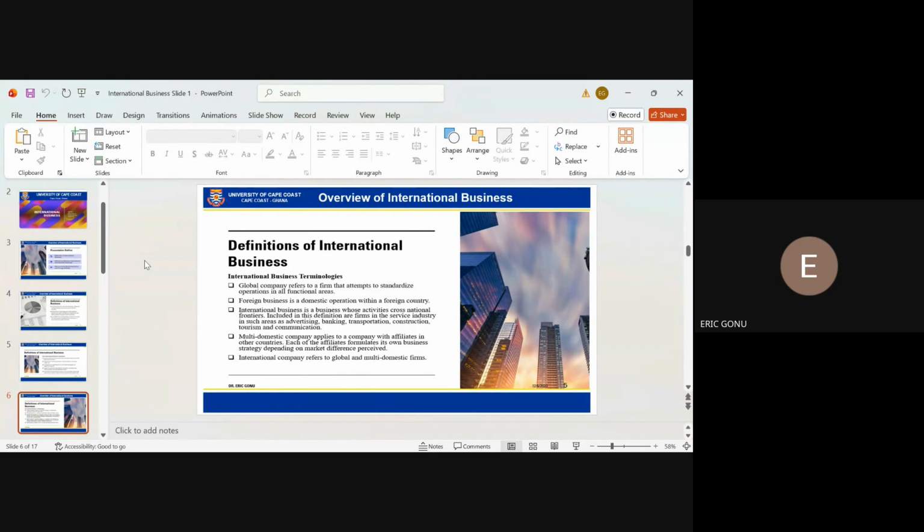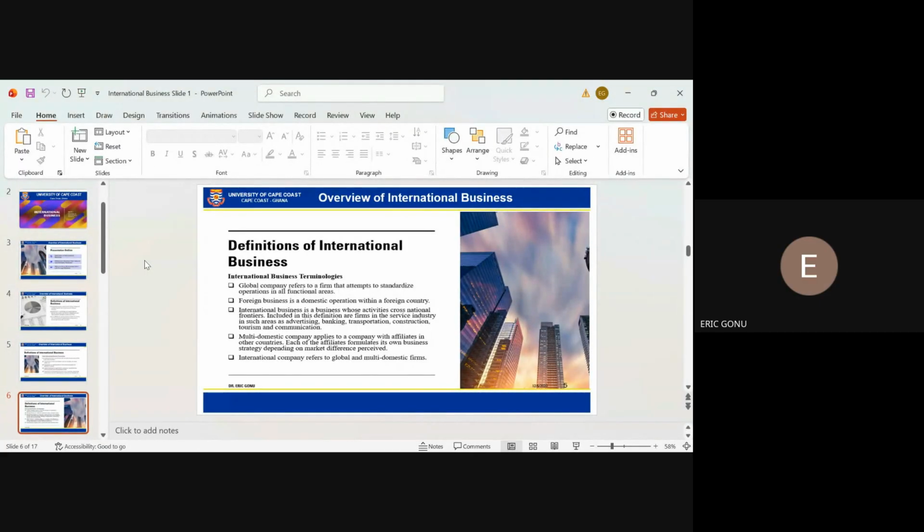So we have subsidiaries in other foreign countries, however their strategies and business operations depend on the local market environment. It is not like a global company with standardized operations. They have affiliates but do not use standardized operations because they look at the differences within each country's market environment, and design strategies and operations to meet them.